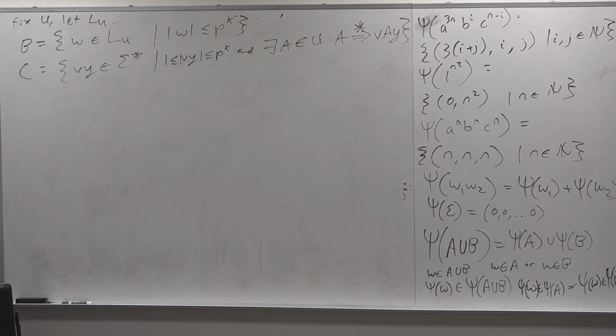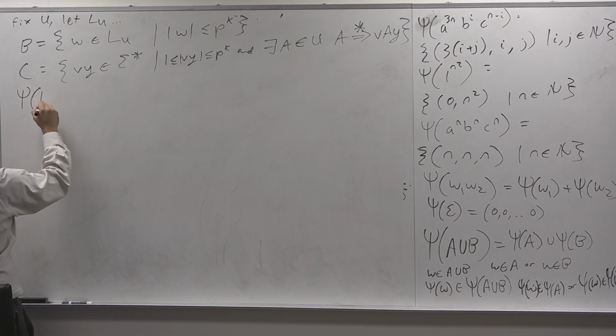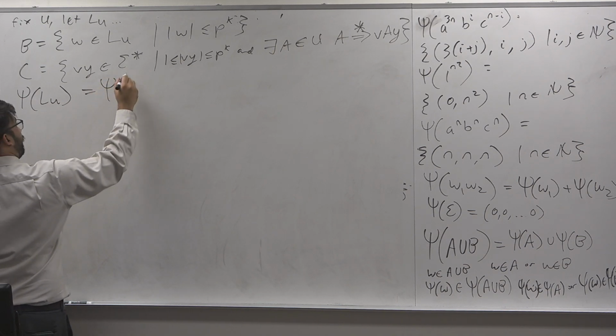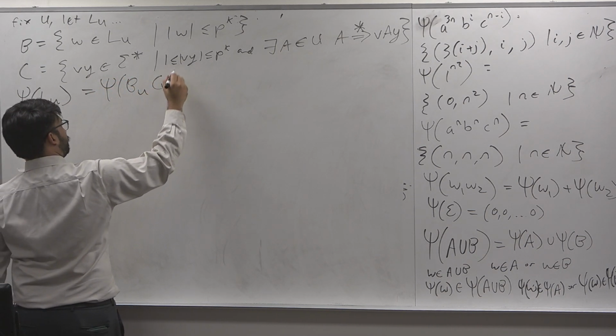Okay? So basically, maybe you can already see what's going to happen. When we star C, we're going to take copies of that, and that's going to basically quote unquote follow from the pumping, right? So now we need to prove that phi of LU is then equal to phi of BU CU star.